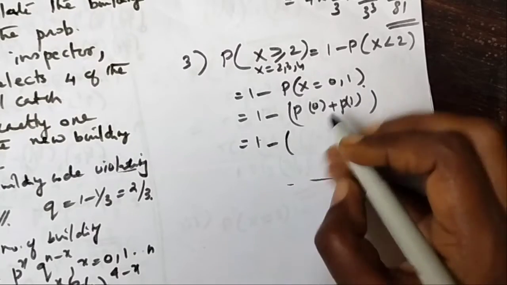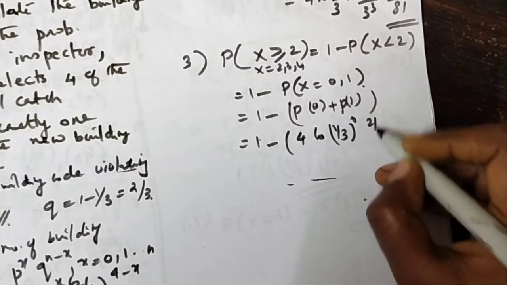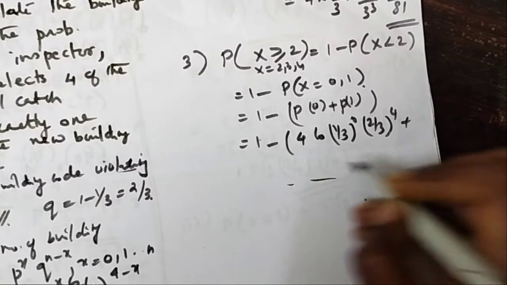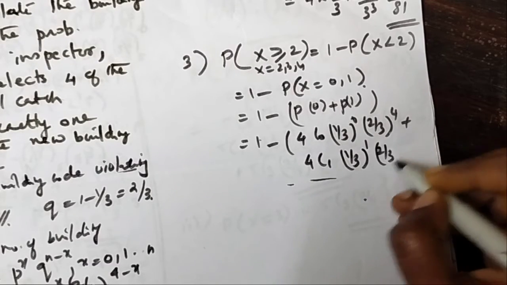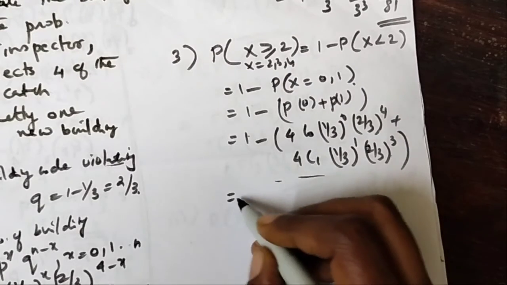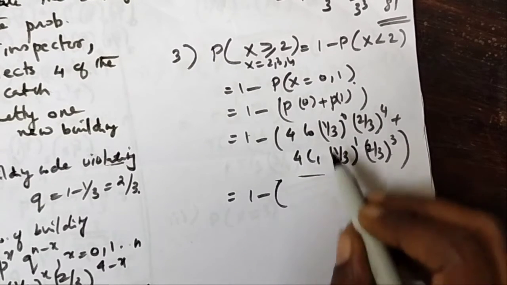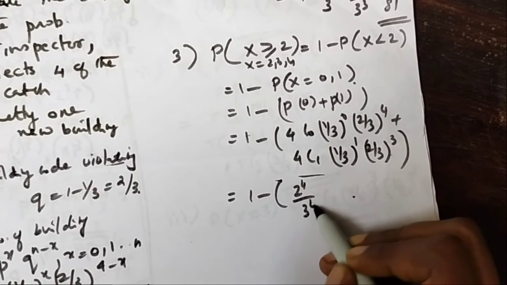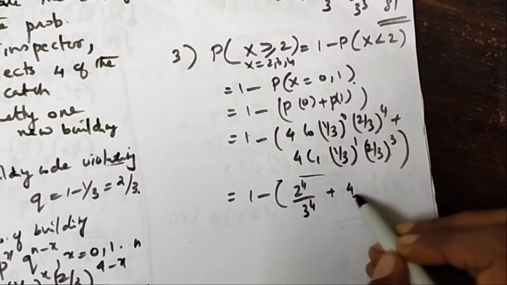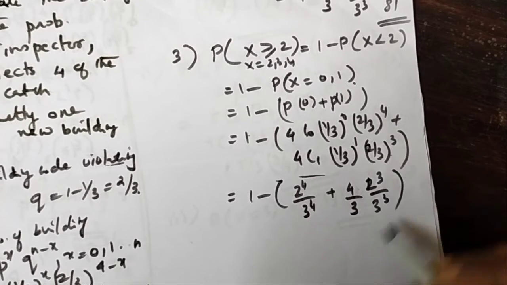So it is 1 minus of 4C0, 1 by 3 raised to 0, 2 by 3 raised to 4 plus 4C1, 1 by 3 raised to 1, 2 by 3 raised to 3. Okay, so it is 1 minus, 4C0 is 1, this is also 1, so 2 raised to 4 by 3 raised to 4 plus 4 into 2 cubed by 3 cubed.